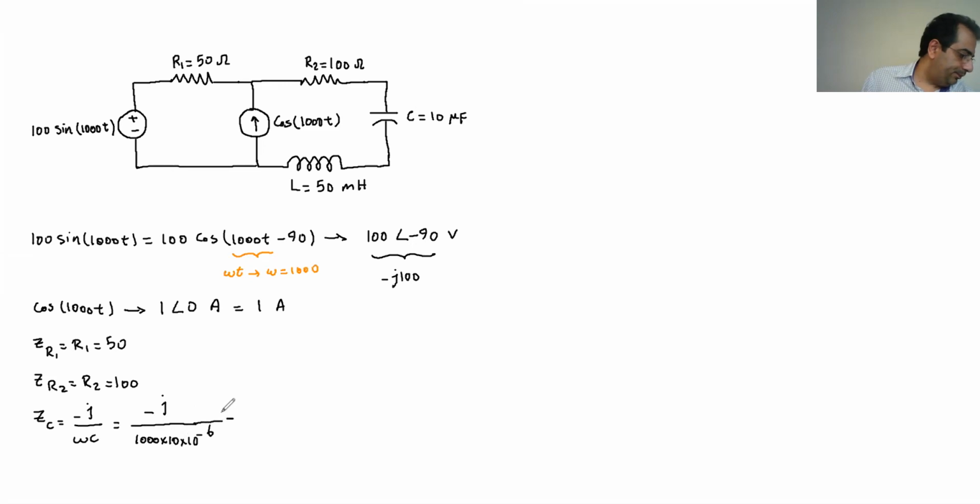If you do the calculation, it's going to be negative j100, or 100 with angle of negative 90.